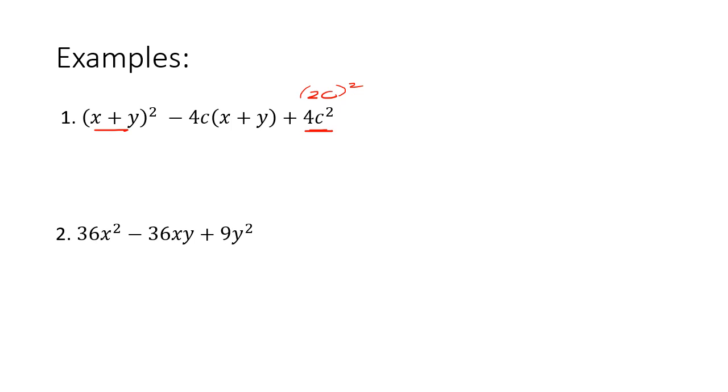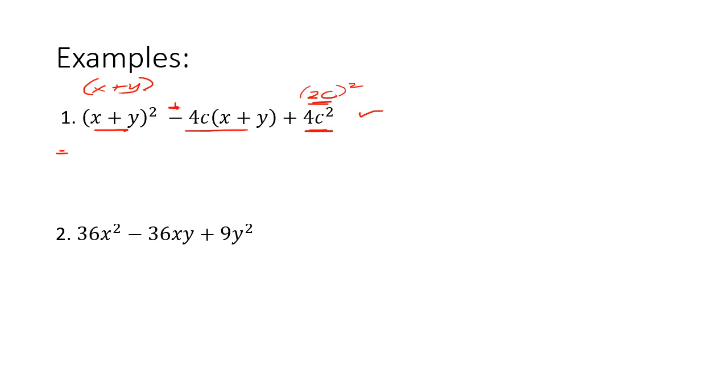So here, you just have x plus y here, and then you have 2c here. So if you have x plus y times 2c times 2, you will get 4c, quantity x plus y. So therefore, this example here fits the trinomial which is a perfect square. And then you have a negative sign here, therefore the operation should be subtraction.